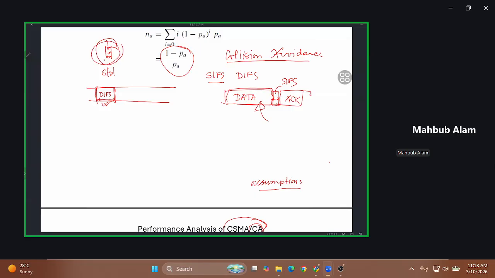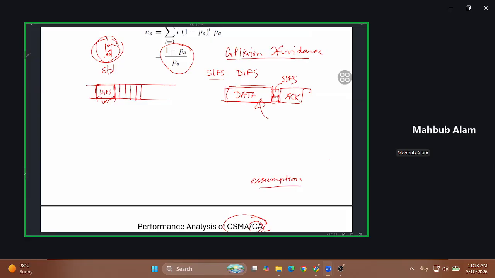In CSMA/CA, since there is no way of actually detecting a collision, stations are more cautious in starting a transmission. What we have are these slots after the DIFS. A station randomly picks a number.